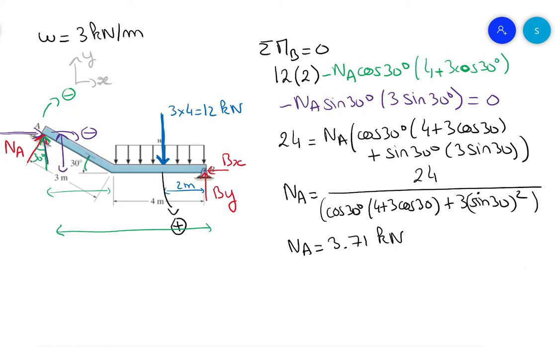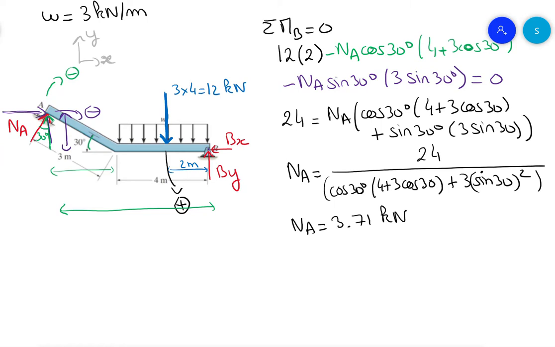And we have to solve now for BX and BY. Let's do BX first because there's just NA. So we have sum of the forces on X is equal to 0. So we have NA sine 30 at the purple component minus Bx that we guess will go to the left, but we know it was going to the left.